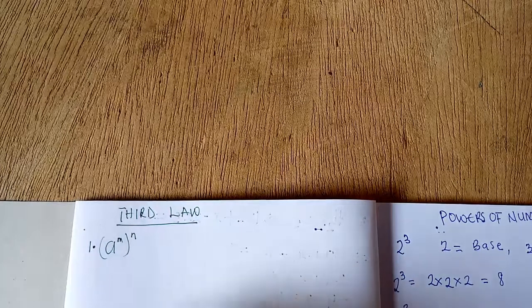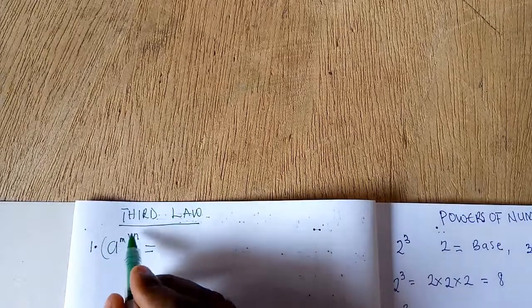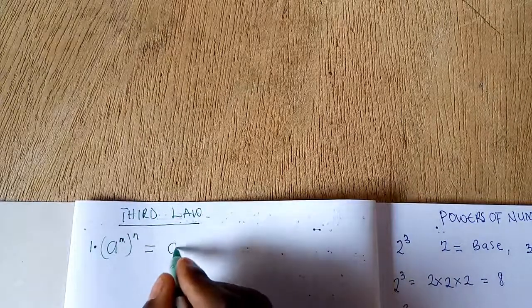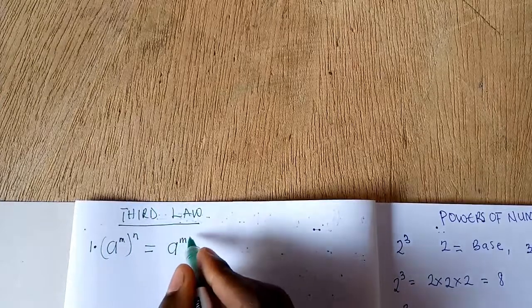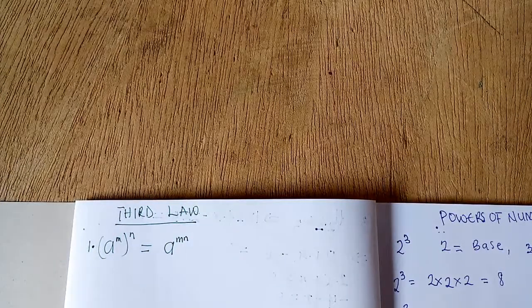So to solve this question, all that you need to do is open it and multiply the power by the power. We get a raised to power m times n. So whenever you're dealing with a power raised to a power, we just multiply the exponents. Okay, so let's take this one and see how we can do this one.